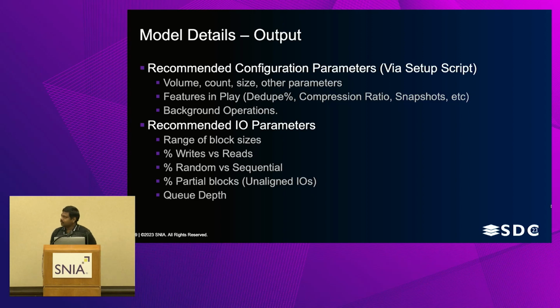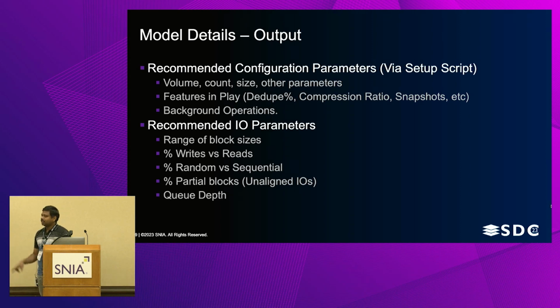Okay, so here is what the model output parameters will be. The model recommends what range of block sizes we need to use, what combination percentage of reads versus writes, random versus sequential, and how many partial blocks we have.